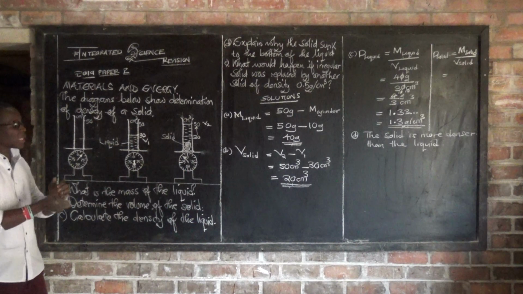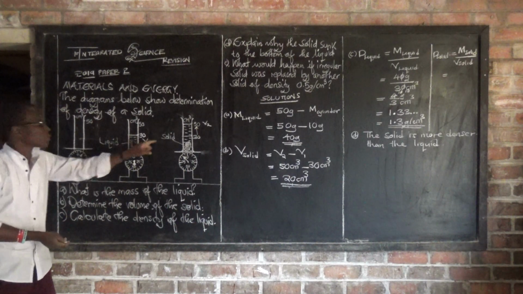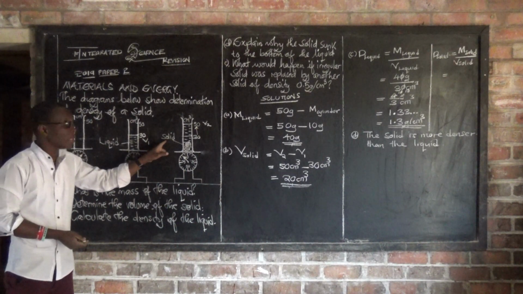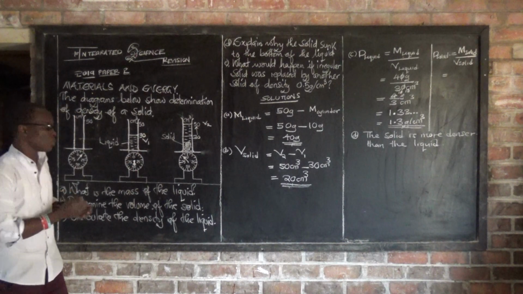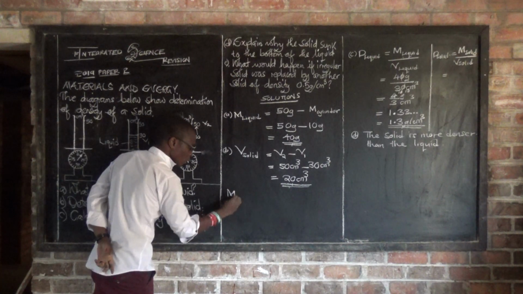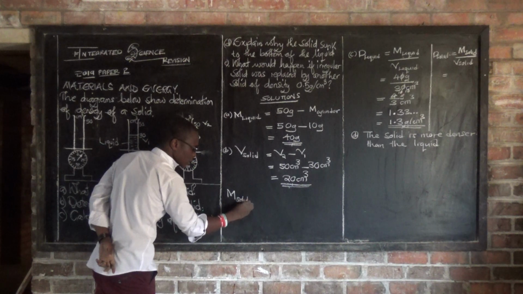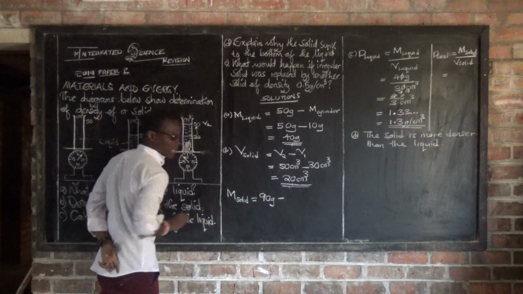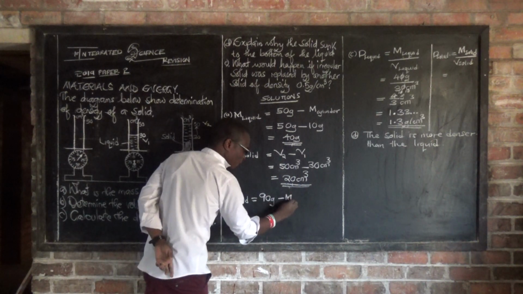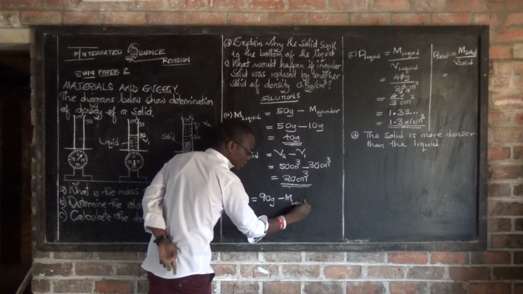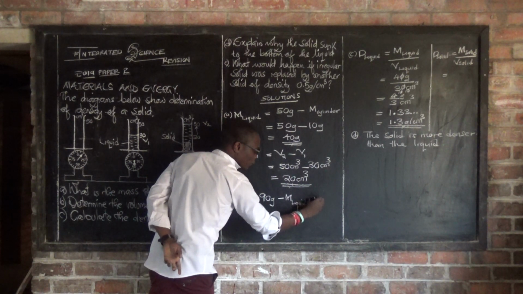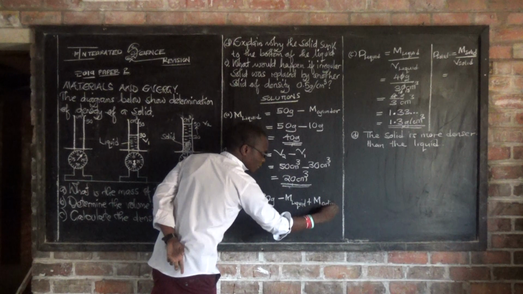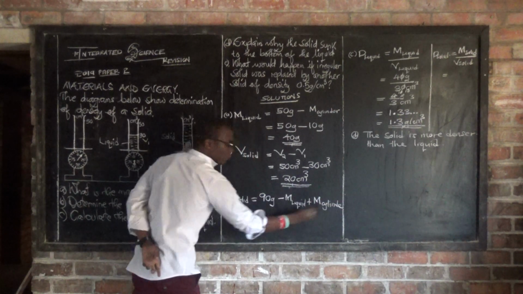Now in this case, we are supposed to find the mass of the solid. So finding the mass of the solid, we are going to do this. Mass of the solid is equal to 90 grams minus the mass of the liquid plus the mass of the cylinder. Are we together?